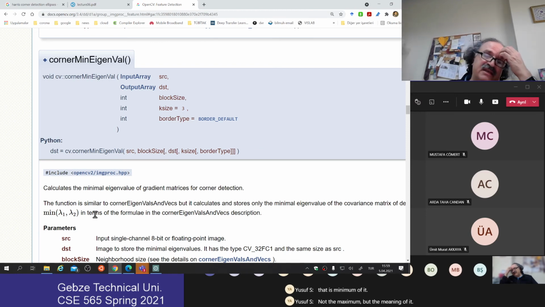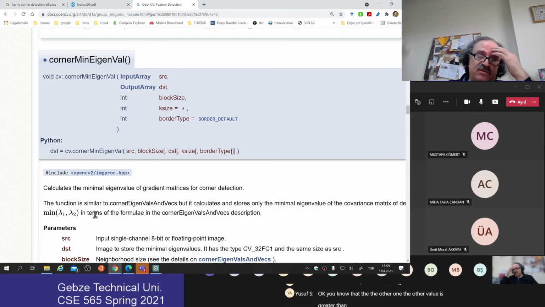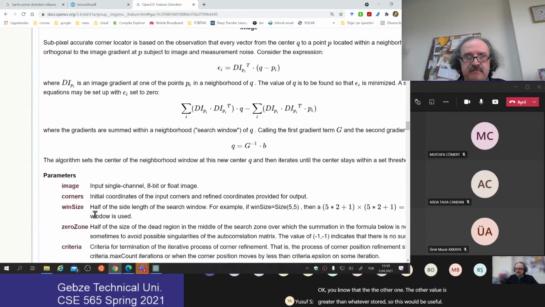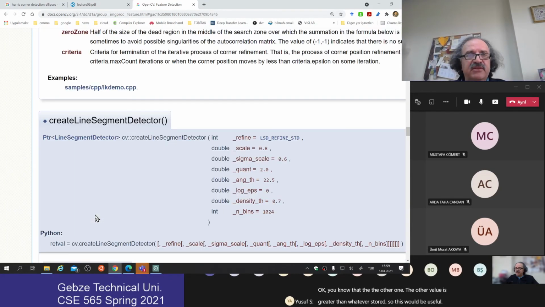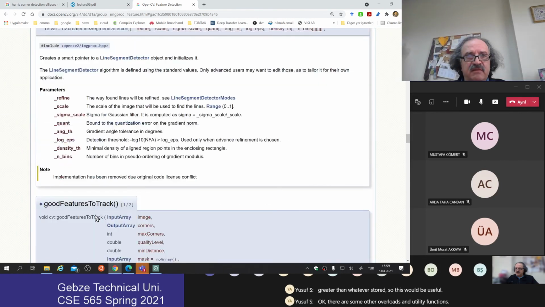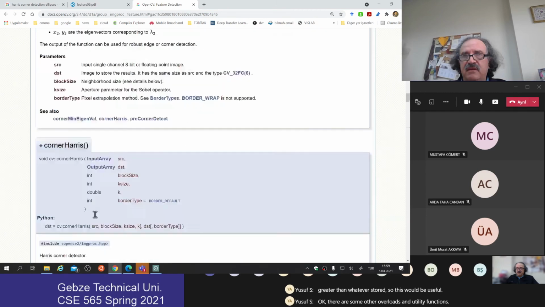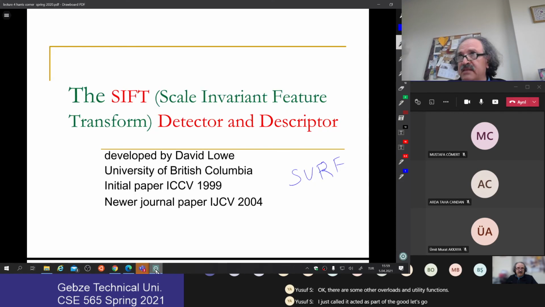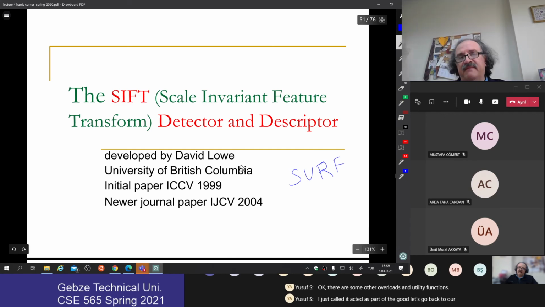You know that the other value is greater than whatever is stored, so this would be useful. There are some other overloads and utility functions, and the Harris corner detector is part of them. Good, let's go back to our slides and continue with SIFT.